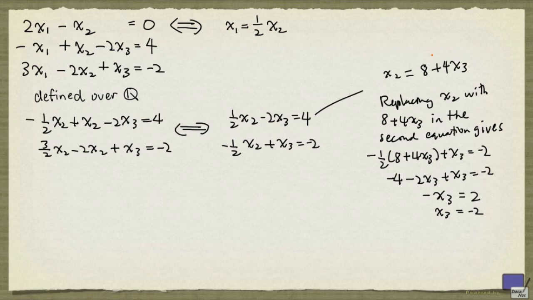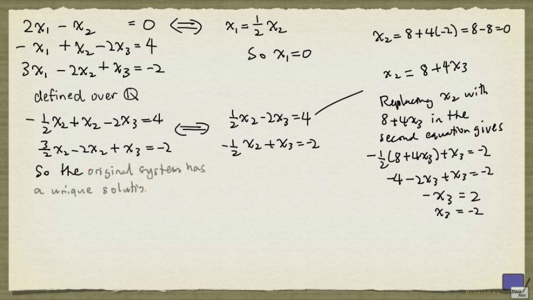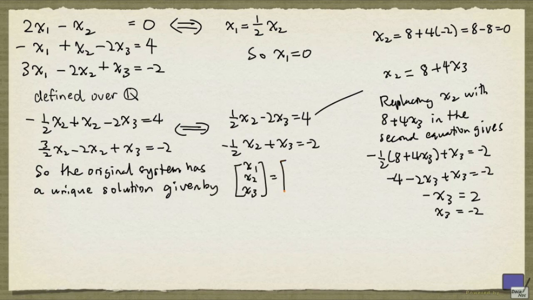And so x2 will have to be 8 plus 4 times minus 2, and that's just 8 minus 8, which is 0. And if x2 is 0, then x1 has to be equal to 0 as well. So the system has a unique solution given by (x1, x2, x3) equals (0, 0, minus 2).